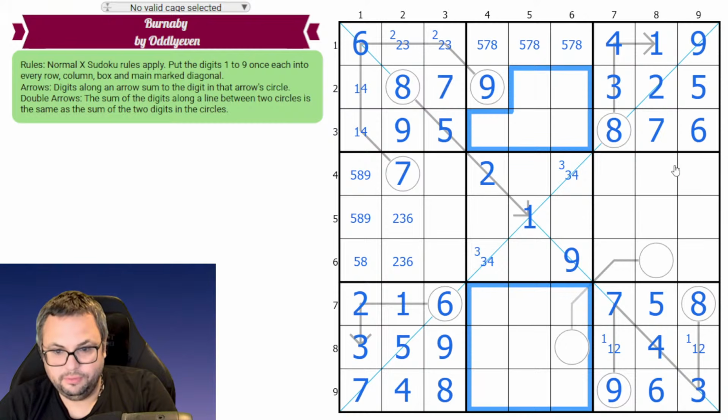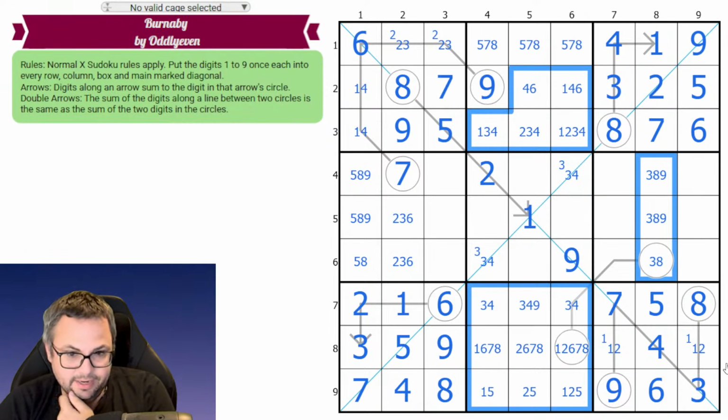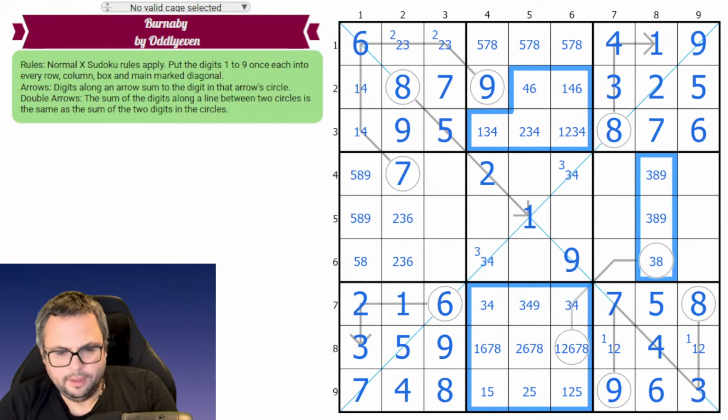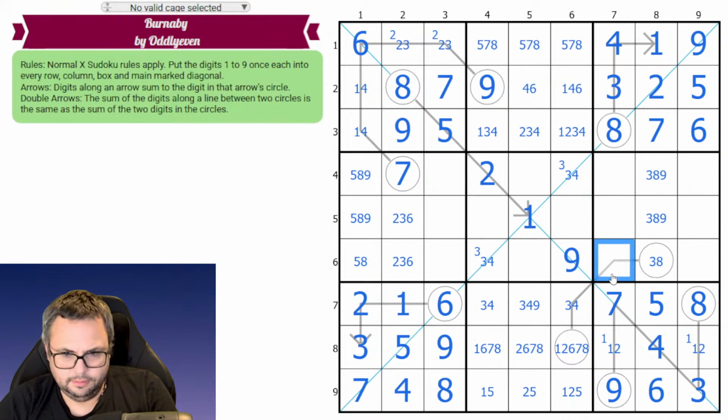Playmaker was a tester for this one. Let's write in all of that and look to see what things I missed. How about that one? I should probably write in that one too.